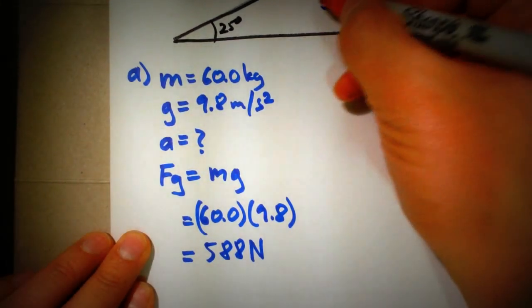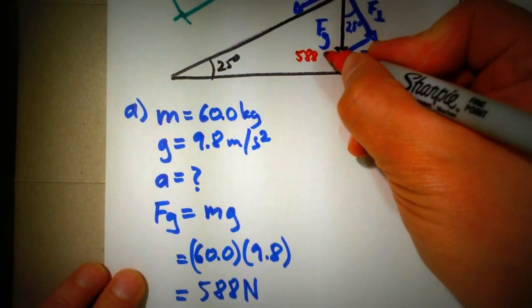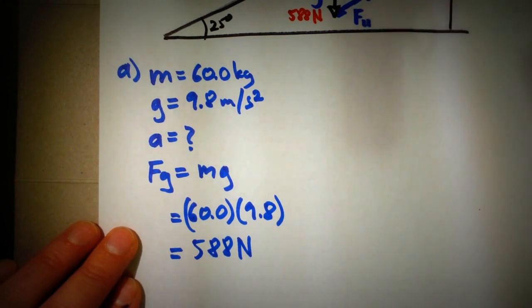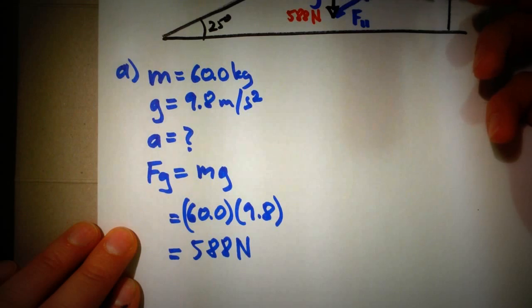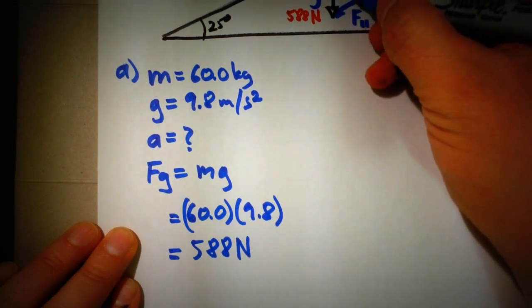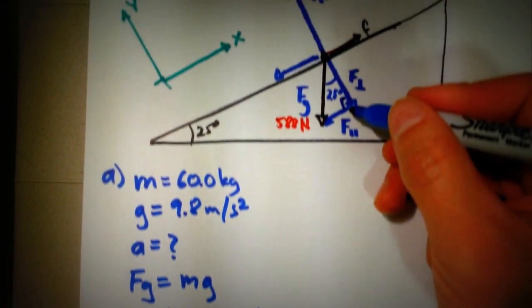Good. So we know that this force right here, let me use a different color. We know that this over here is 588 newtons for the force of gravity, right? So now what we have is basically a triangle. It's a right angle triangle. We know what in this case the hypotenuse is, and we're given the angle. So we need to find out the parallel force.